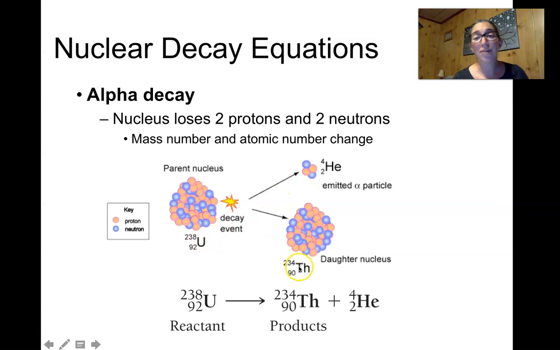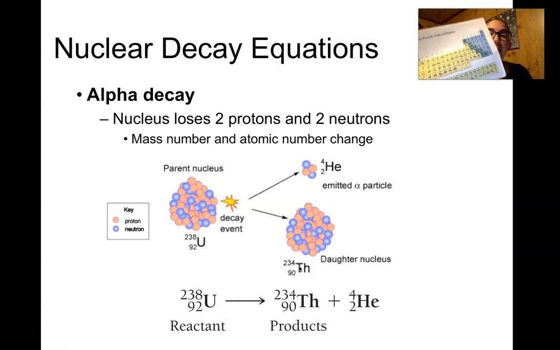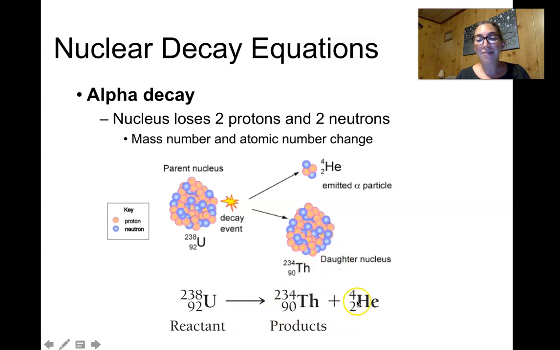It is now thorium. If you look at the periodic table, the element that has 90 protons is thorium. So what we have left now is a thorium atom that has also lost 4 atomic mass units. So now its mass is not 238, but 238 minus 4, which is 234.